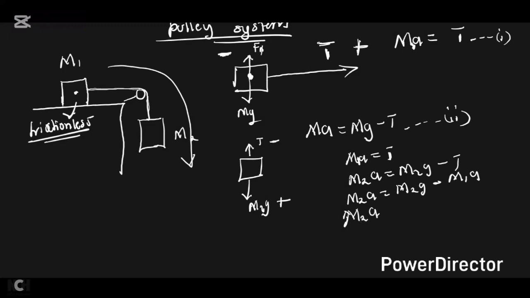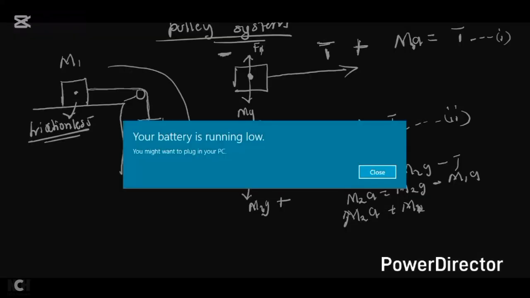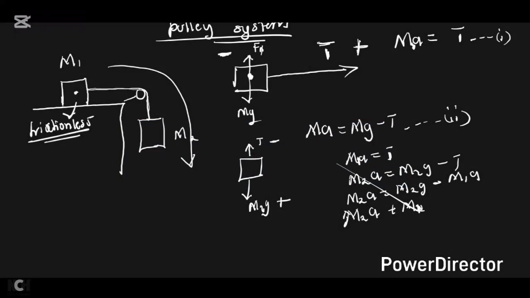When it goes to the other side, it will be positive. So you just find the acceleration.